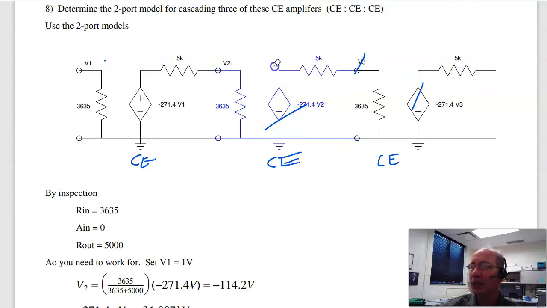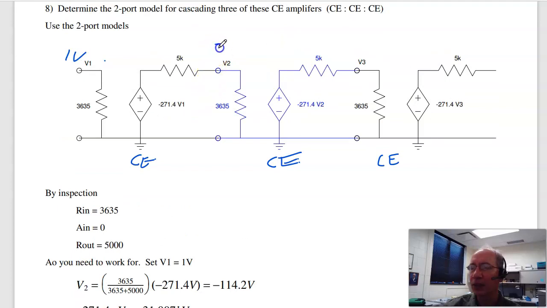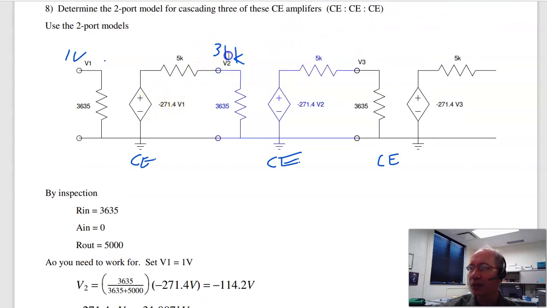The gain is the one you've got to work for. To get the gain, apply 1 volt at the input. This becomes minus 274 volts. By voltage division, this becomes 114 volts.